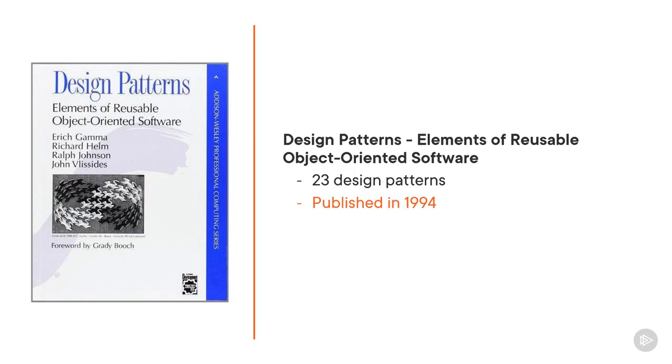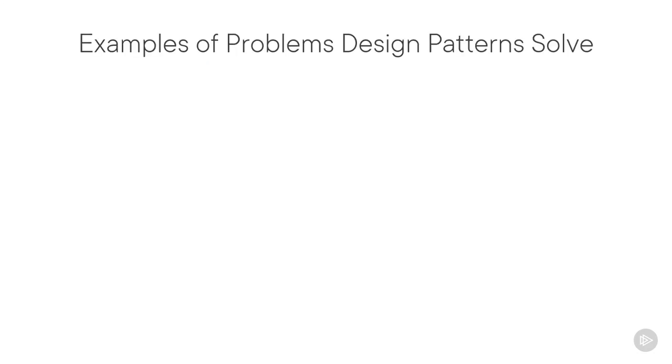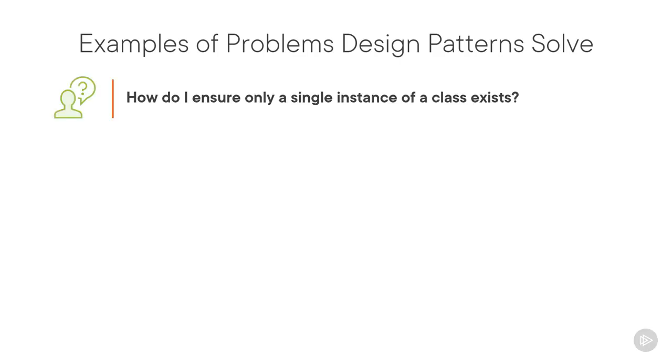Even though the book was written in 1994, these patterns are still commonly used today. They are often built into the frameworks we use, so we use them without knowing it. They all solve common issues you might encounter when designing, in this case, object-oriented software. A few examples of problems that are solved by them are: how do I ensure that only a single instance of a class exists?